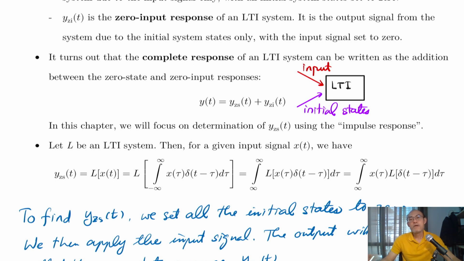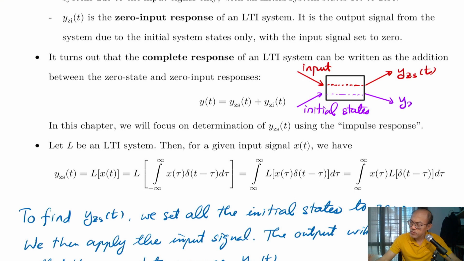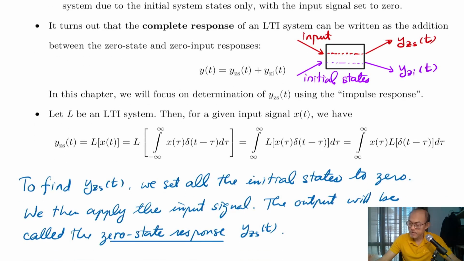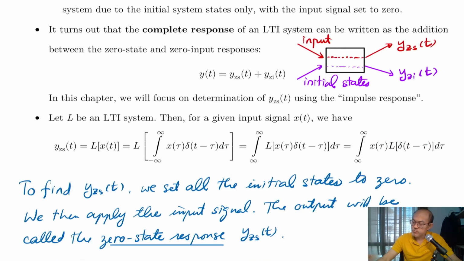You're applying the input signal to the LTI, and the output is called YZS. You're applying the initial state to the LTI, and the output will be called Y zero input. All right. So this is what it means.